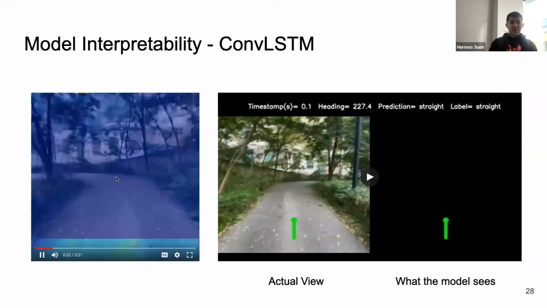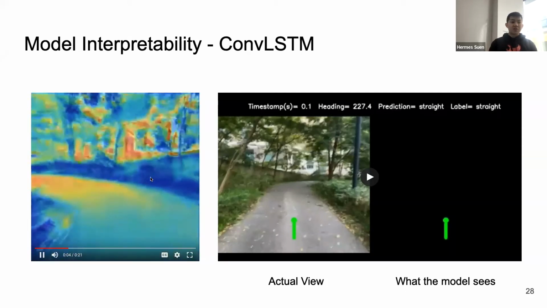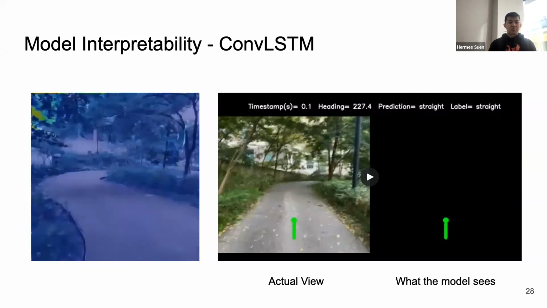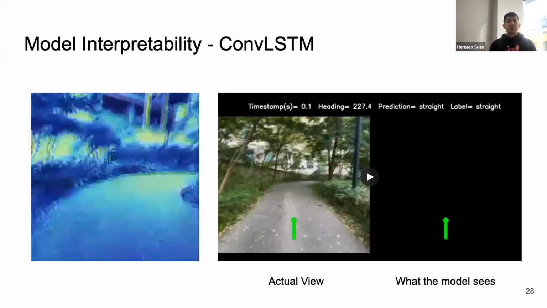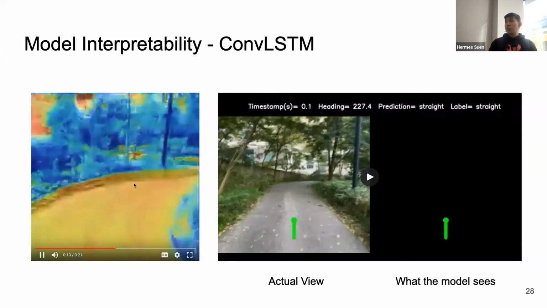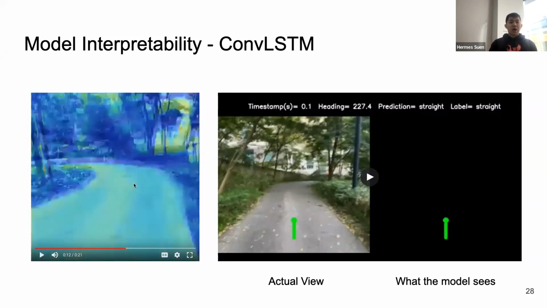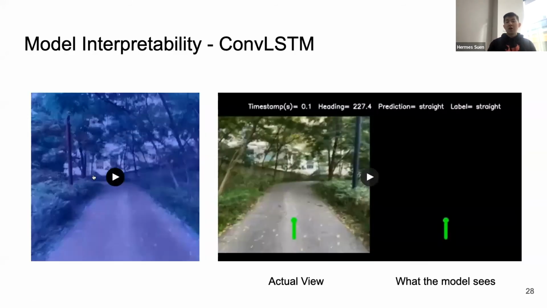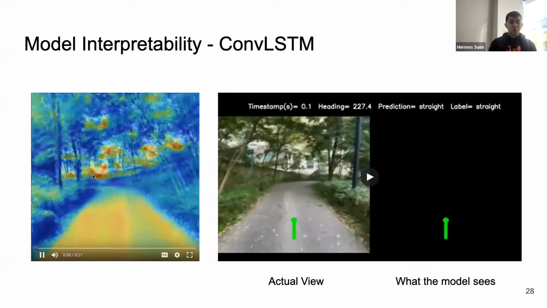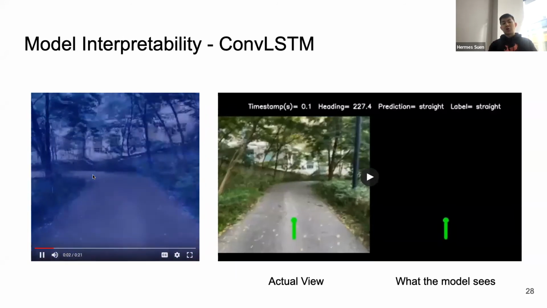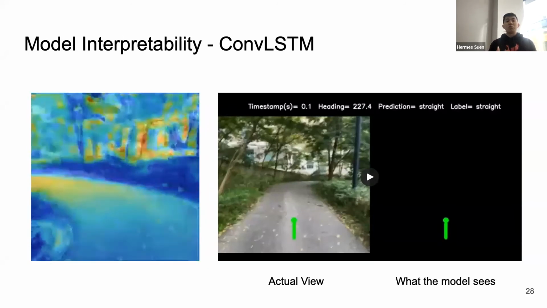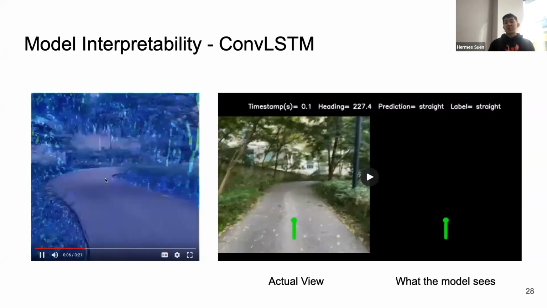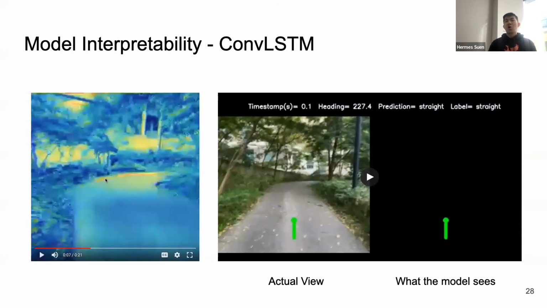The red regions are the regions of high importance. As we can see, the model is focusing on the road and the surrounding regions. In particular for the road, we can see that the model is looking at the segment of the road a few meters ahead. This makes sense because that's the most important area when the model decides whether it needs to make a turn or if it's going straight.